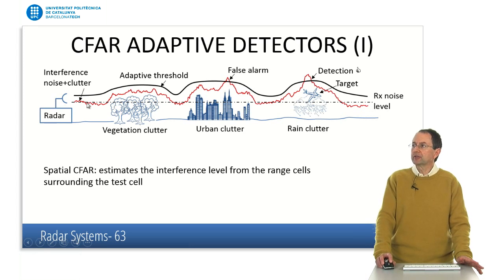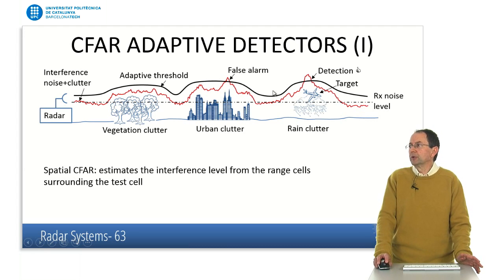In this case, in red we have the contribution of the echoes of the clutter and targets. If we use a fixed threshold level, we would end up with a lot of false alarms. So in this case, the radar is able to, in some way, adapt the threshold of decision in order to increase the threshold when the area is strongly contaminated by clutter.